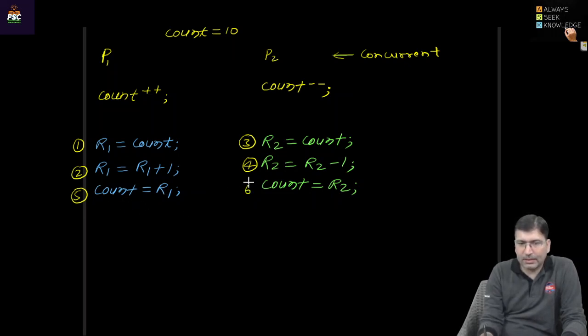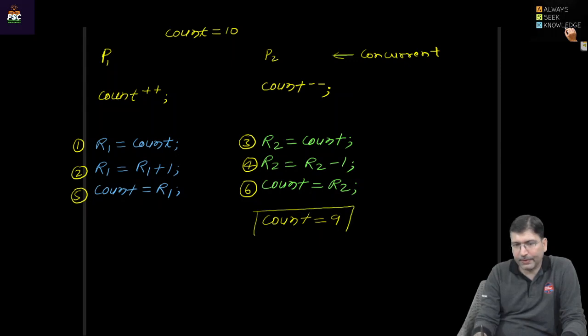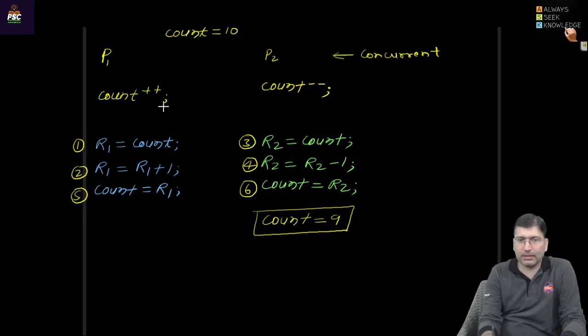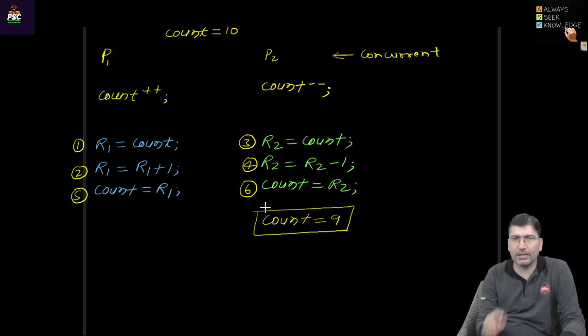Now let's say sixth, this statement is being executed, and because R2 had value 9, finally the count will get value 9. So if I write the final value of count, it will be 9. Now you can check, there is a problem. If you have a variable and initially the value was 10, if you increment once and decrement once, finally the variable must have the same value. But here you are getting value 9.